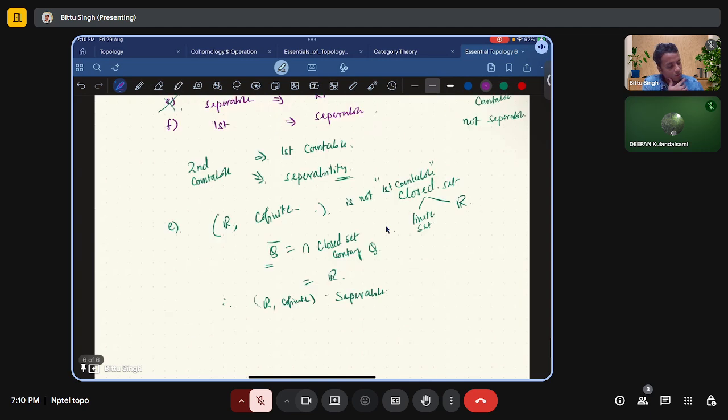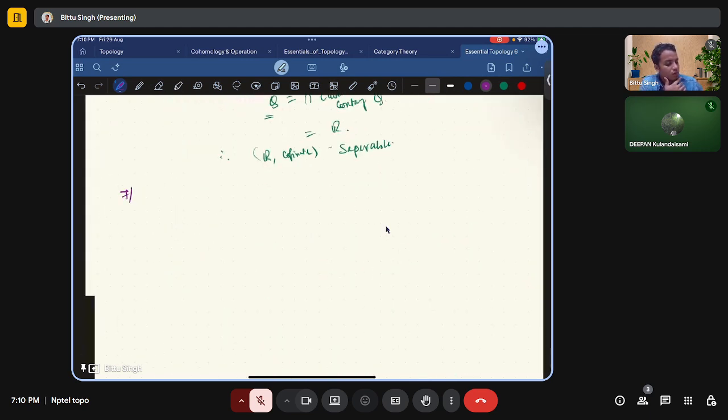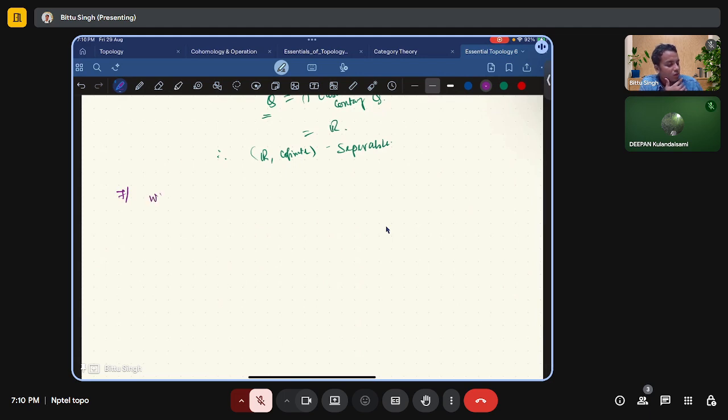Now, question number 7. Which of the following spaces are metrizable? Option A, R with discrete topology.